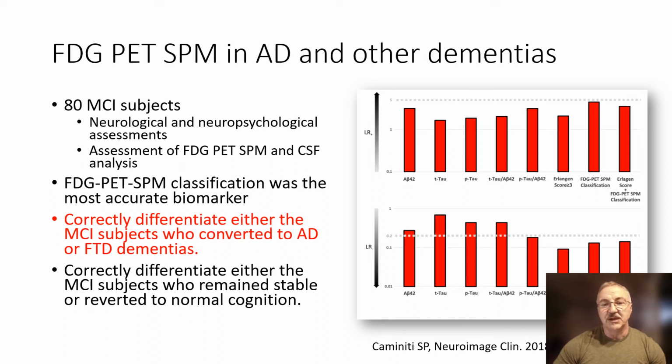I think SPM can be a useful adjunct, and in this study it correctly identified those converting from MCI to Alzheimer's disease or frontotemporal dementia. But overall, I think it's a bit like the cardiology polar plots and different things, that these things can be useful, but usually when you're uncertain, they're uncertain. But it can be a helping hand early on in your practice.